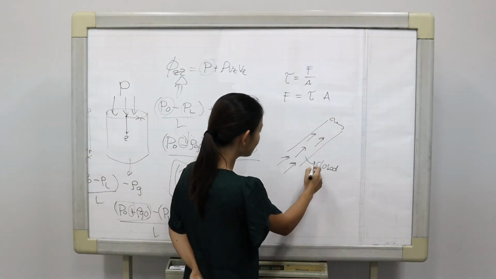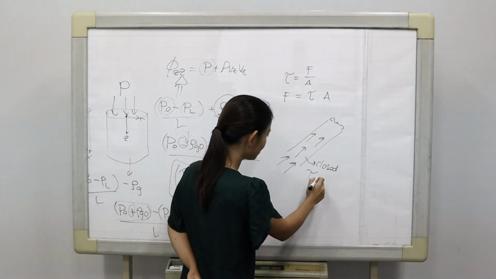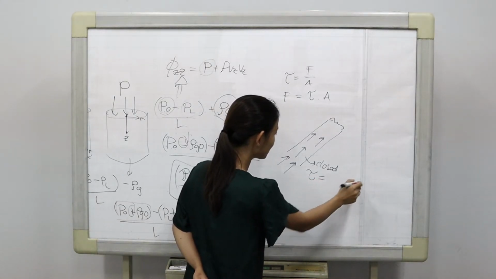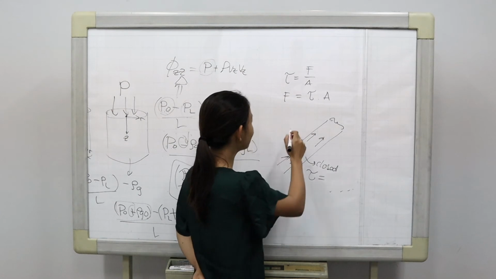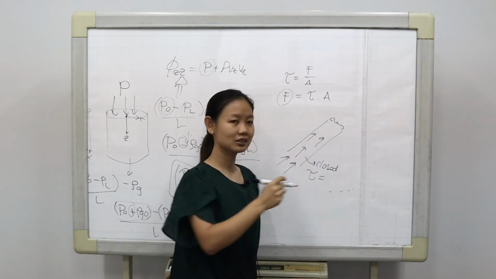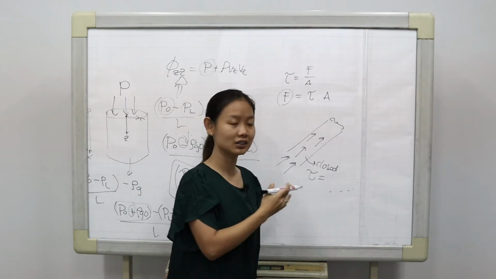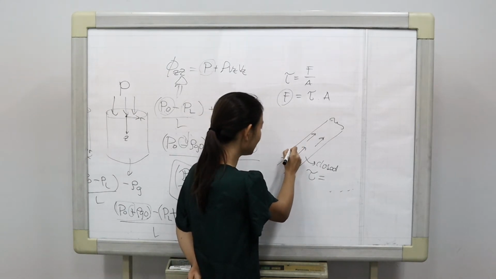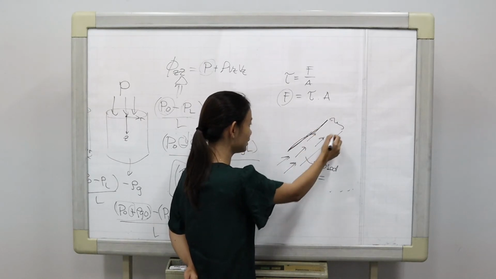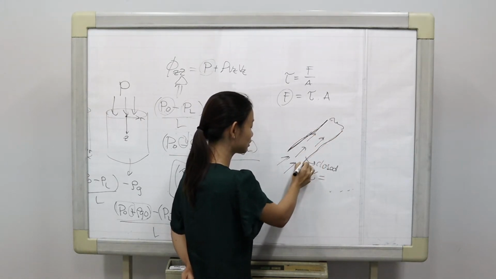Actually, you already get the momentum flux distribution equation, tau is equal to something. When you want to calculate the force, there are two forces acting on the surface: the shear force on the top surface and the shear force on the bottom surface.